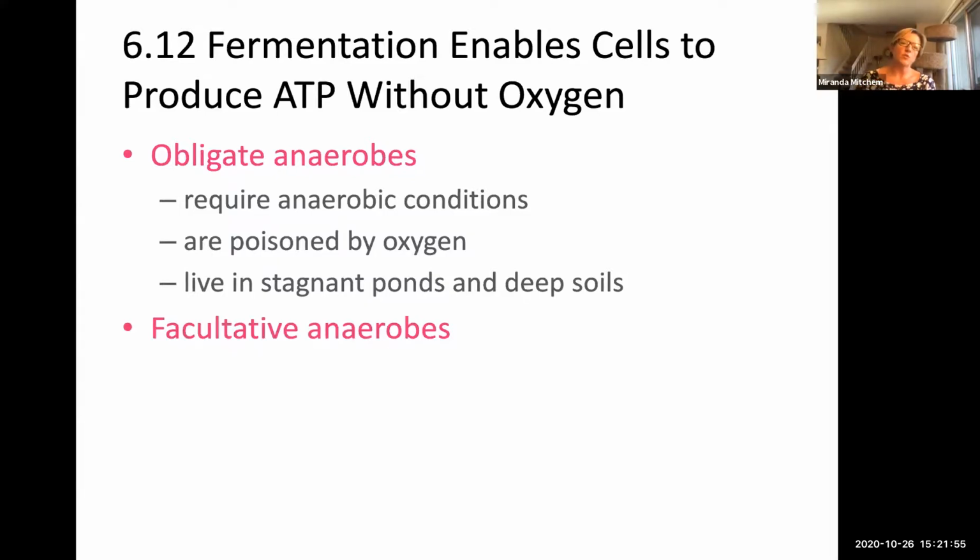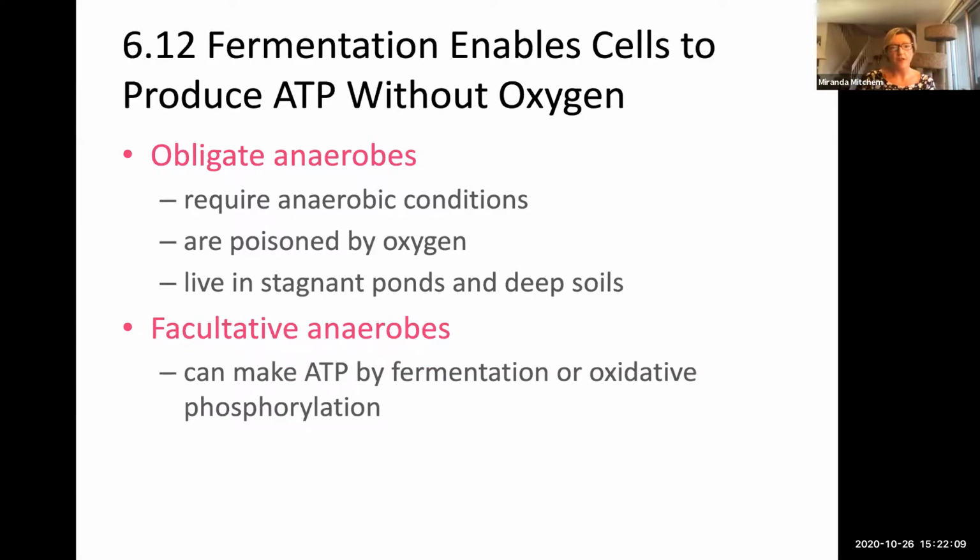There are also facultative anaerobes. Facultative anaerobes are not poisoned by oxygen. They can live with it in the environment. They just don't utilize it in the chemical reactions of metabolism. So facultative anaerobes are able to make ATP really either way. There are bacteria that are facultative that can switch metabolism.